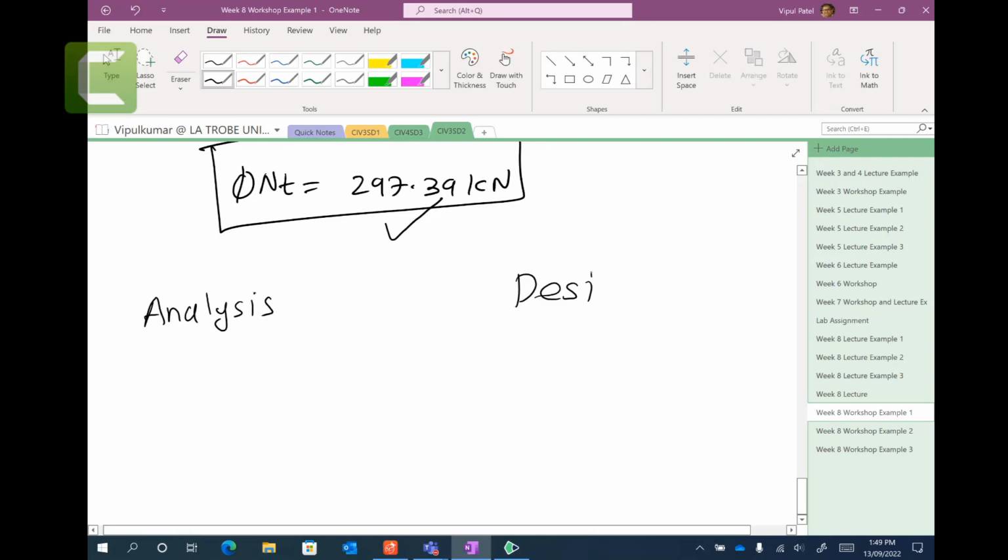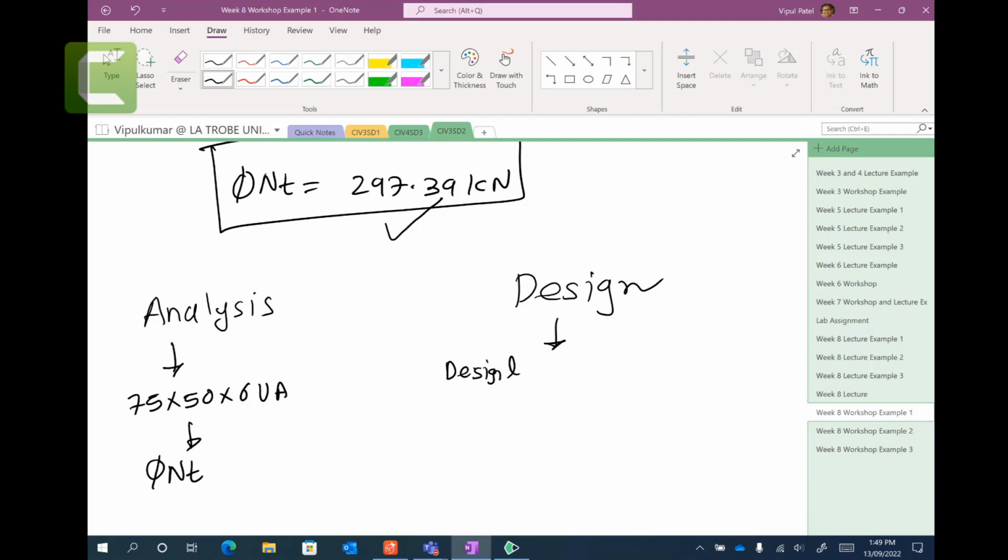Now there are two kinds of examples that you will come across: analysis and design. Analysis means someone will give you, let's say, a 75 by 56 unequal angle, and you find the capacity of that member. In design, someone says your design load, N star, equals, let's say, 200 kilonewtons, and tells you to find the section size.